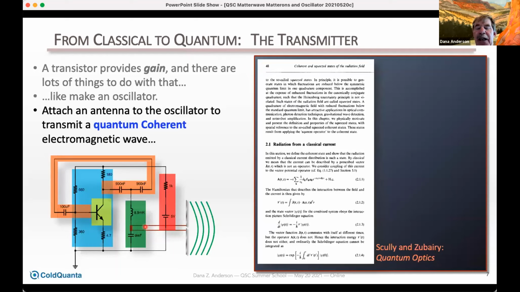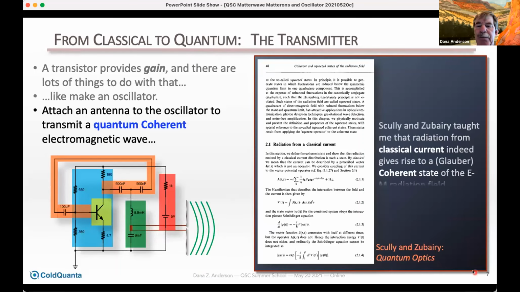And that's what this chapter in Scully and Zubairy is all about, radiation from a classical current. Very interesting chapter. The point is for us that if we make an oscillator and we somehow couple its output to the vacuum, we generate an electromagnetic wave. In the case of a transistor oscillator, we will see the generation of a matter wave in our case.